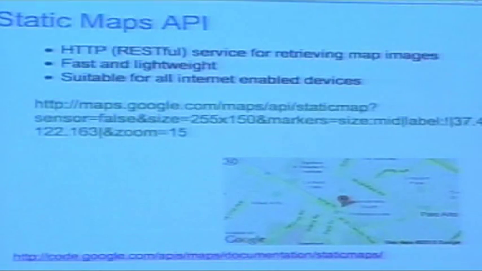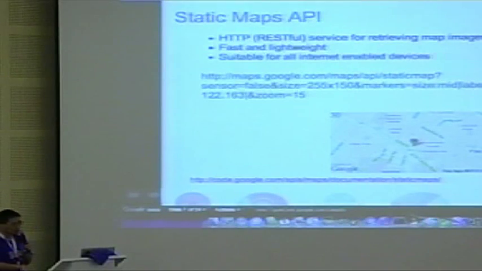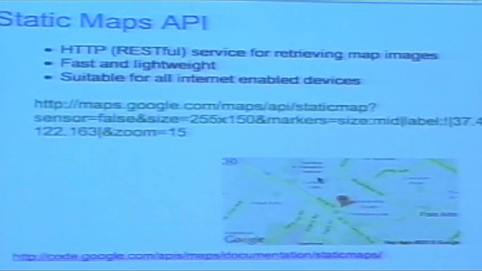This is particularly handy if you have a mobile device like a BlackBerry or some other ones that do not quite support a full-fledged browser. In this case, you could just use the Static Maps API to get an image tile, and you can specify the size, the position, the latitude, longitude, and the zoom level, and there you have the image.